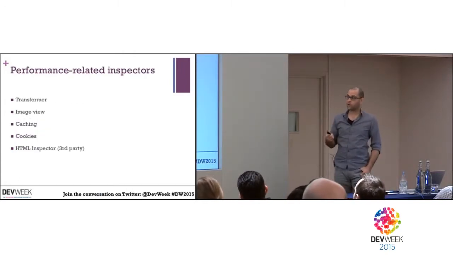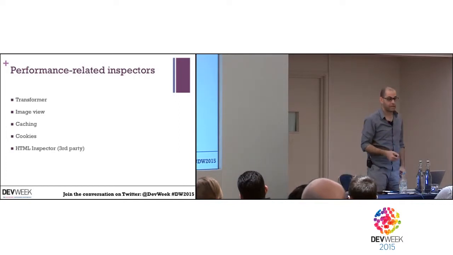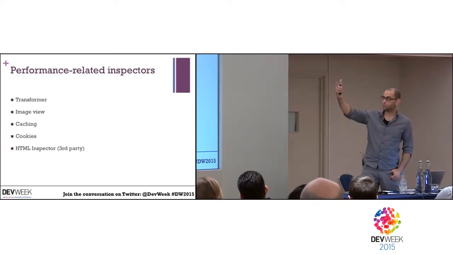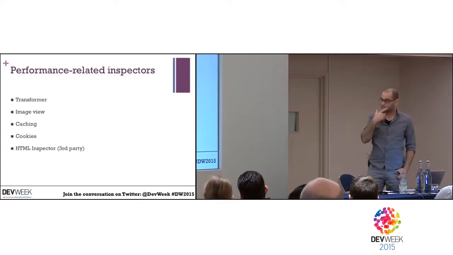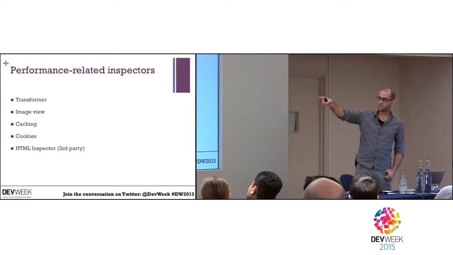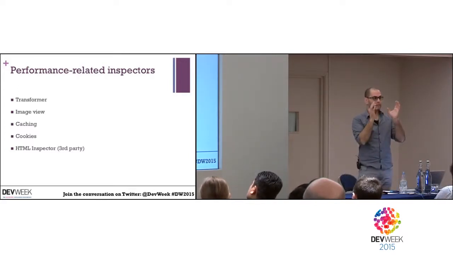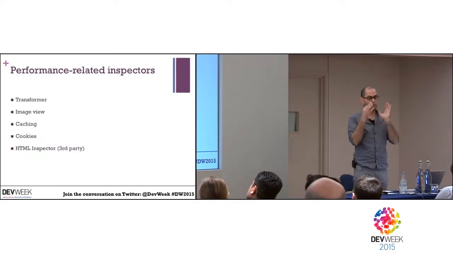So which other tabs or inspectors do we have that enable us to do performance testing? First of all, someone asked here from the audience about caching. There's a special tab called caching that looks at the response and gives you information about the caching headers.